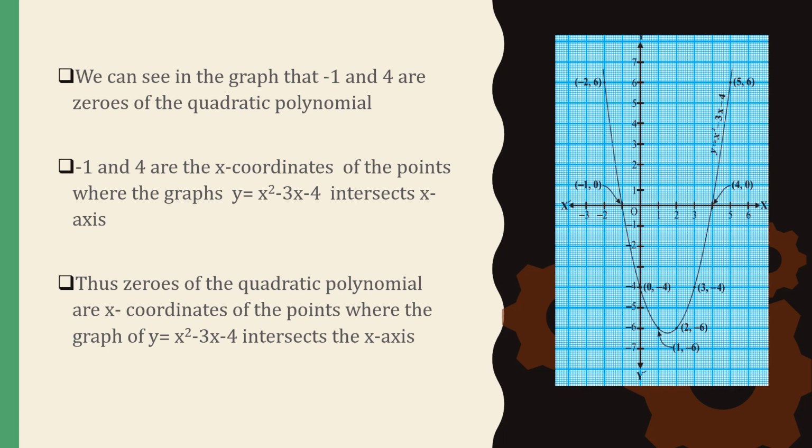Thus, the zeros of the quadratic polynomial are the x coordinates of the points where the graph of y is equal to x square minus 3x minus 4 intersects the x axis.